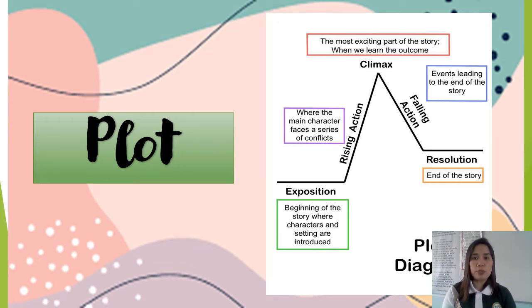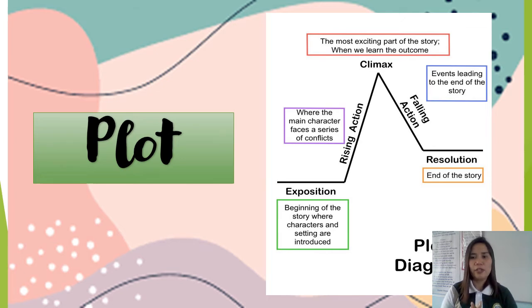A plot is composed of five important parts. First, we have the exposition or the introduction. It is the beginning of the story where characters and setting are introduced. Next is the rising action, where the main character faces a series of conflicts.